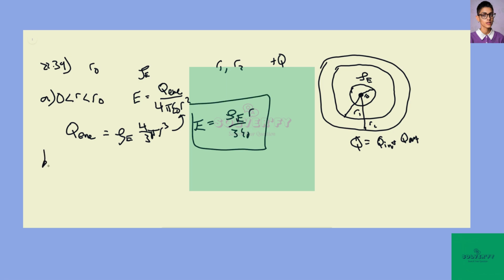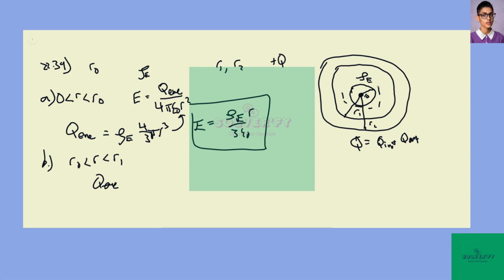Awesome. Part B. This is for r greater than r naught, but less than r1. Okay. So the enclosed charge in this case is just all of the charge included in the small sphere.